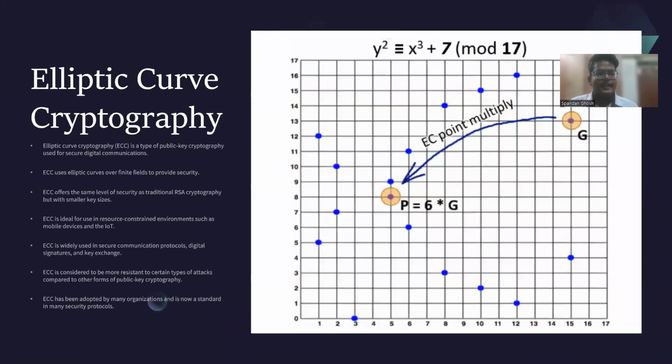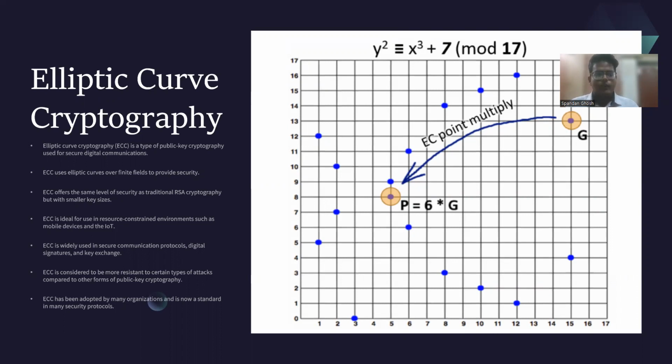we can show that elliptic curve cryptography is a type of public key cryptography used for secure digital communications. ECC, as it is abbreviated, is used over finite fields to provide security. ECC is also ideal for use in resource-constrained environments such as mobile devices and IoT.